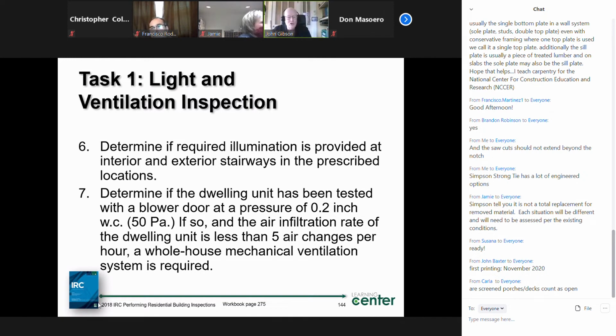So the first trigger for when I need this whole house mechanical ventilation was you didn't meet natural ventilation through the openings to habitable rooms. The second one is the one that's illustrated in bullet point number 7. We have energy code requirements that say you must measure the air infiltration, exfiltration rates, how tight your envelope is from an energy performance standpoint. And you do a blower door test in order to get there. So that blower door test is measuring what we are getting for air infiltration, air changes per hour for the house.